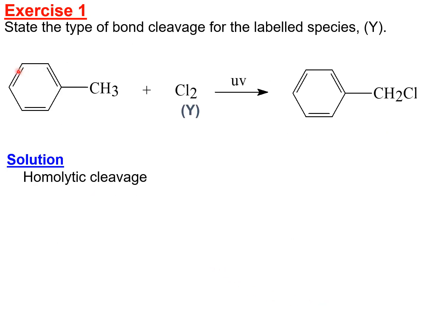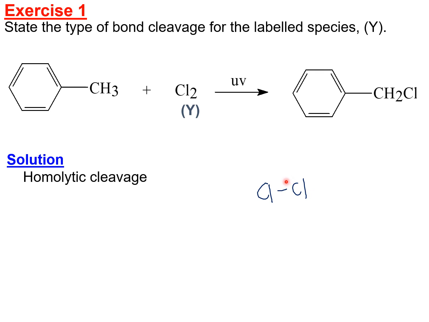So let's look at this exercise. Kamu state the type of bond cleavage for the labeled species Y. So this is a labeled species which is Cl2. Dia mempunyai electronegativity yang sama. Okay, so macam mana you nak pisahkan bond between dua Cl atom? Tadi kita dah tengok lah contoh, bond cleavage yang dialami oleh Cl atom adalah homolytic cleavage.